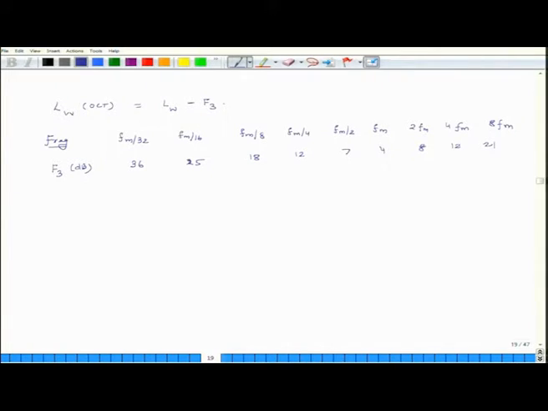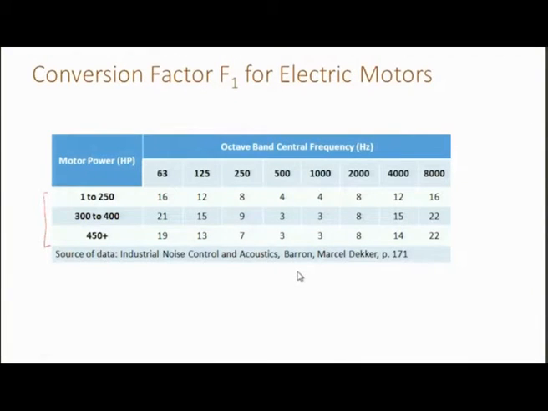By the way, all the data which I am citing is taken from this book, Industrial Noise Control and Acoustics.